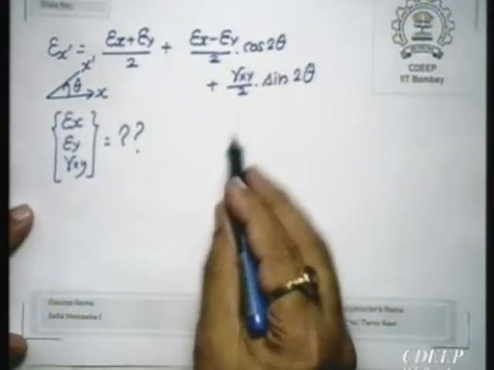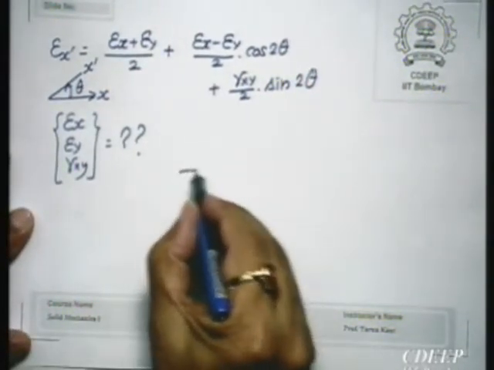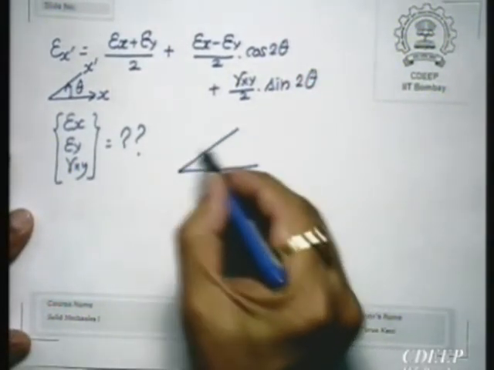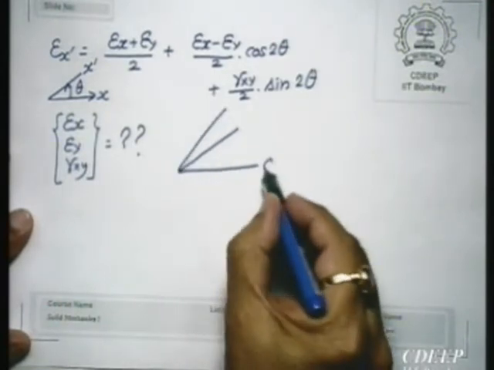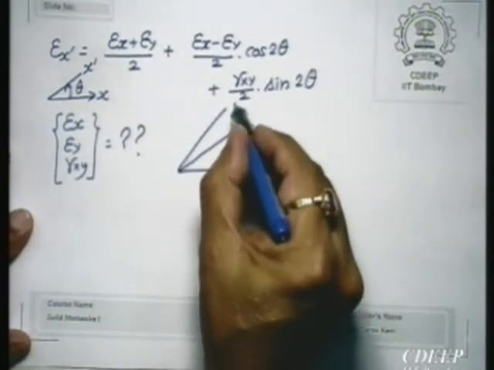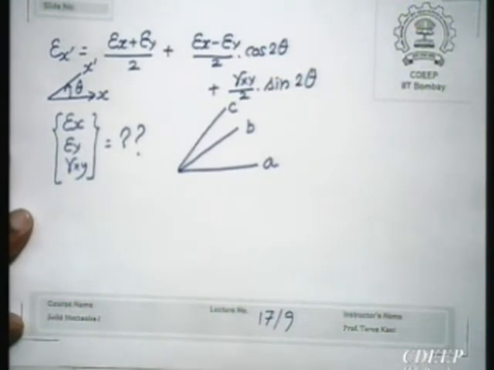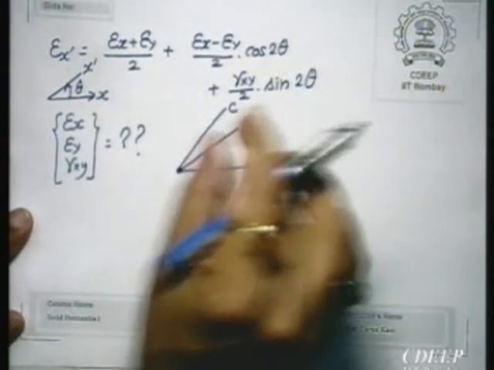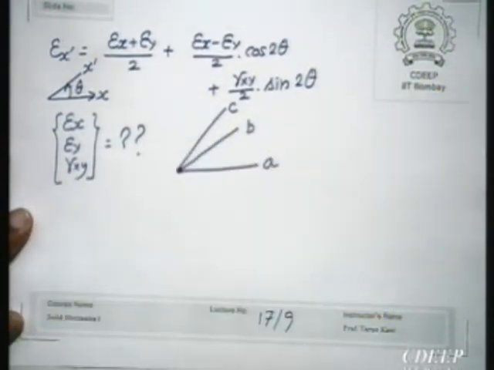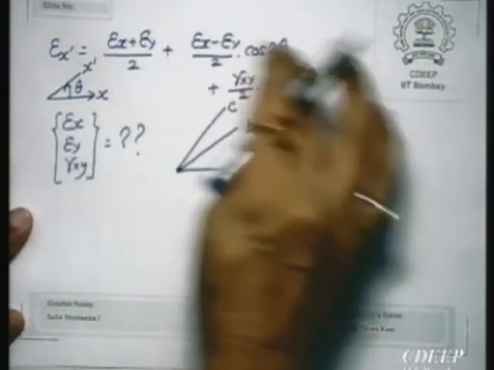Normally you have 3 directions, A, B and C, in which strain measurements are done at the same point. You put these strain gauges at the same point, and I get 3 equations here.